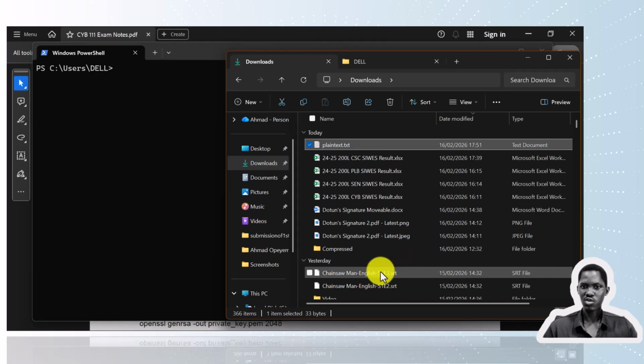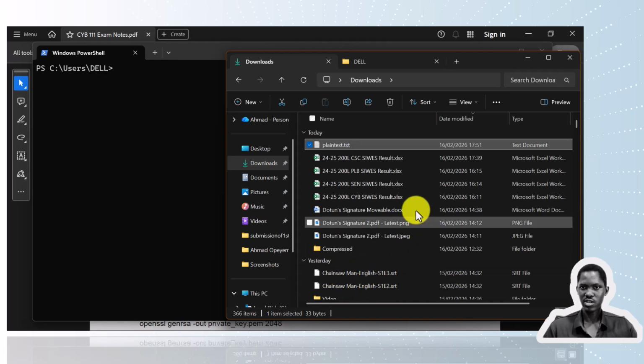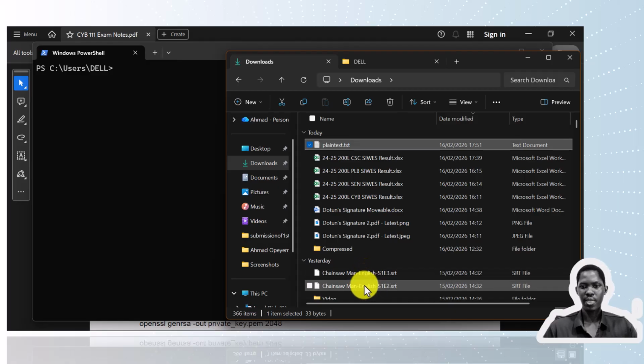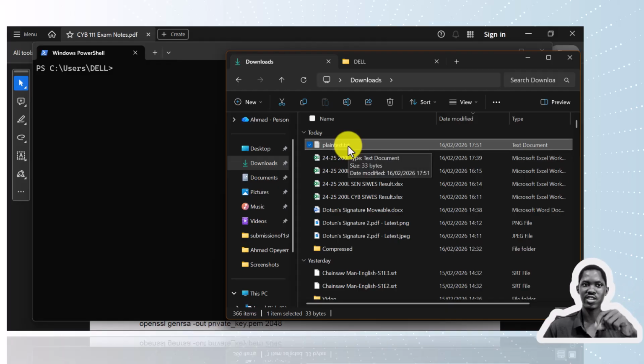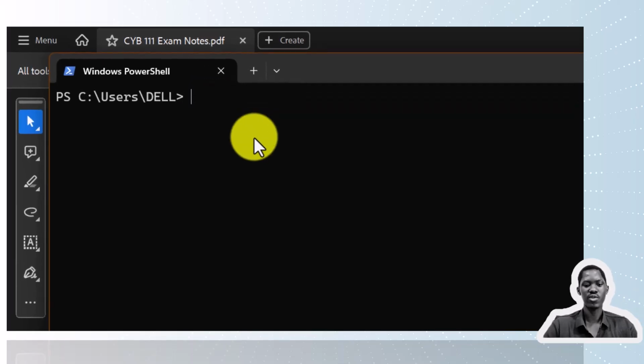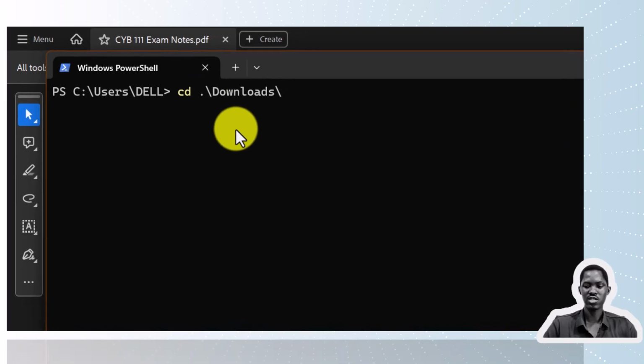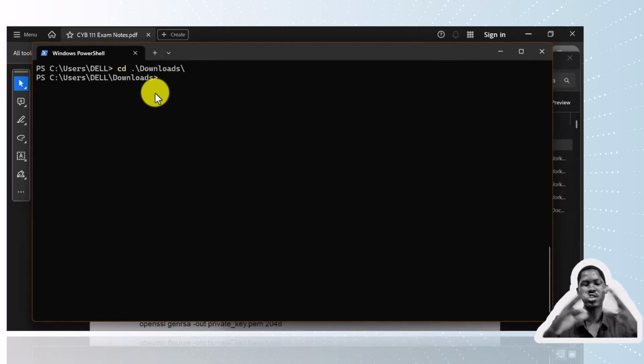I'm going to choose one of these for the symmetric encryption, and I'm going to use this for the asymmetric encryption. Now, this is the downloads folder, and I'm in the dev folder. So I need to move into the downloads folder. So cd, change directory, to downloads. So I'm in the downloads folder. I can easily access the files that are in the downloads folder.